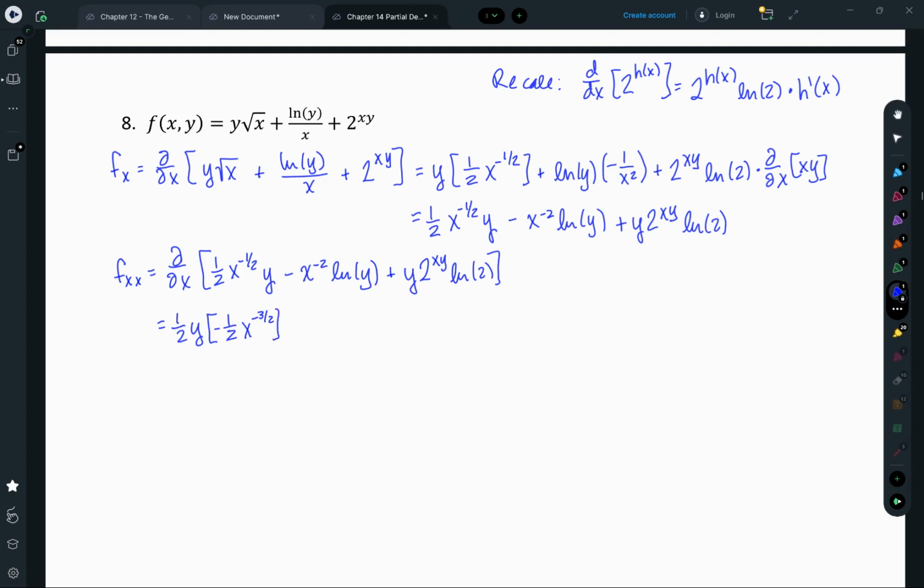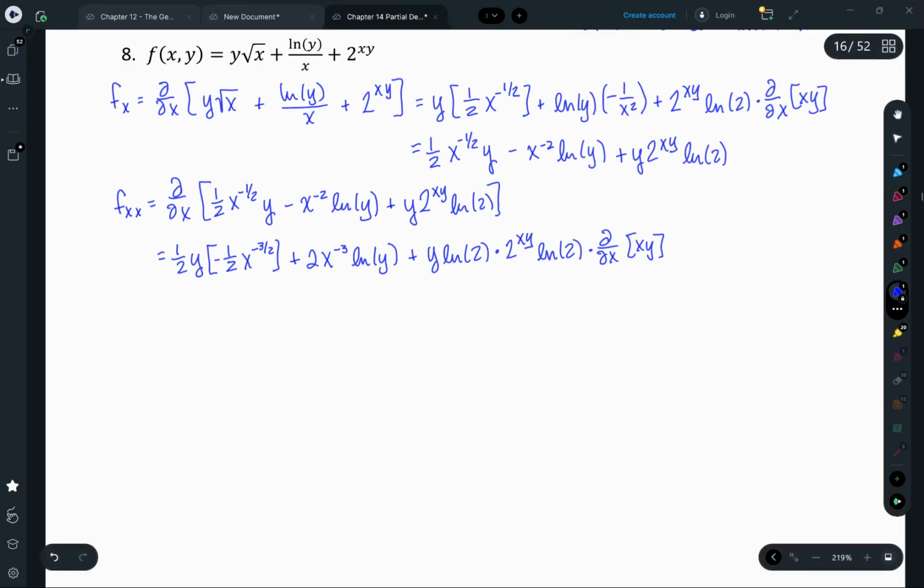And then I get to the ln of y, and I take the derivative of the x to the minus 2, or really negative x to the minus 2, and I get plus 2x to the minus 3 times ln of y, plus, and now this last one here, I've got the y and the ln of 2 are constants, and then I'll multiply by the derivative of 2 to the xy, which is 2 to the xy ln of 2 times the derivative, del x, of xy.